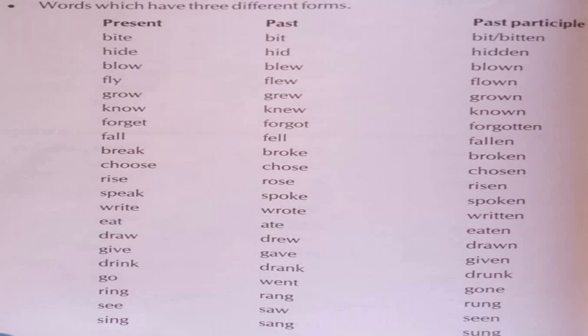Now, these are the words which have three different forms. There may be more verbs, all the verbs cannot be included here. Bite, bit, bit also is correct, and it may be bitten also. Both can be used. Hide, hid, hidden. Blow, blew, blown.